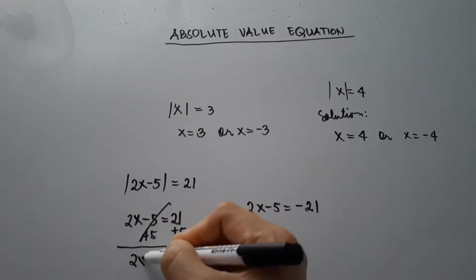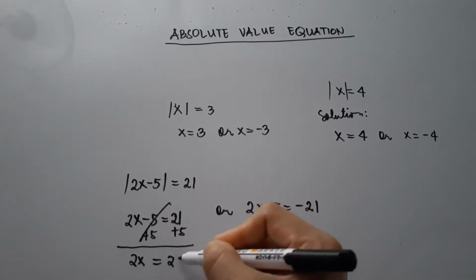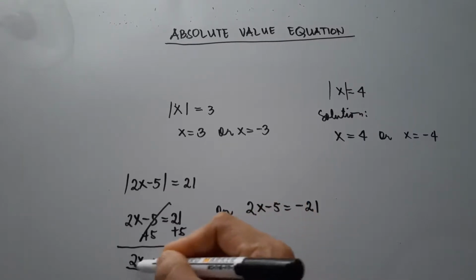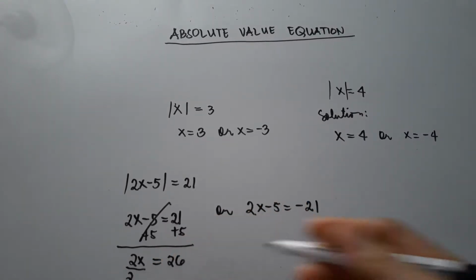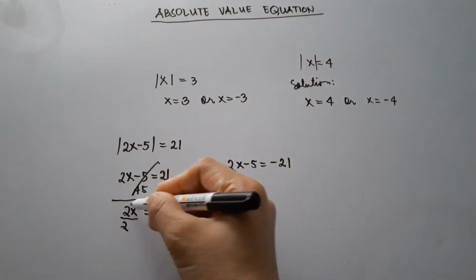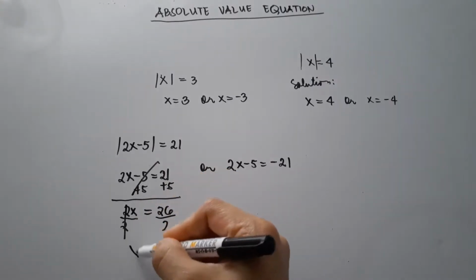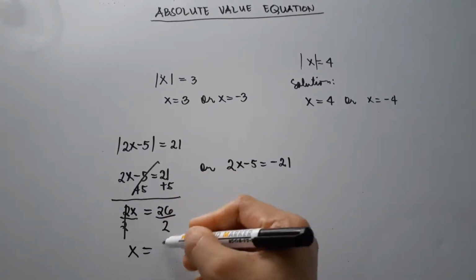So we have 2x is equal to 26. Then when we divide both sides by 2, x is equal to 13.